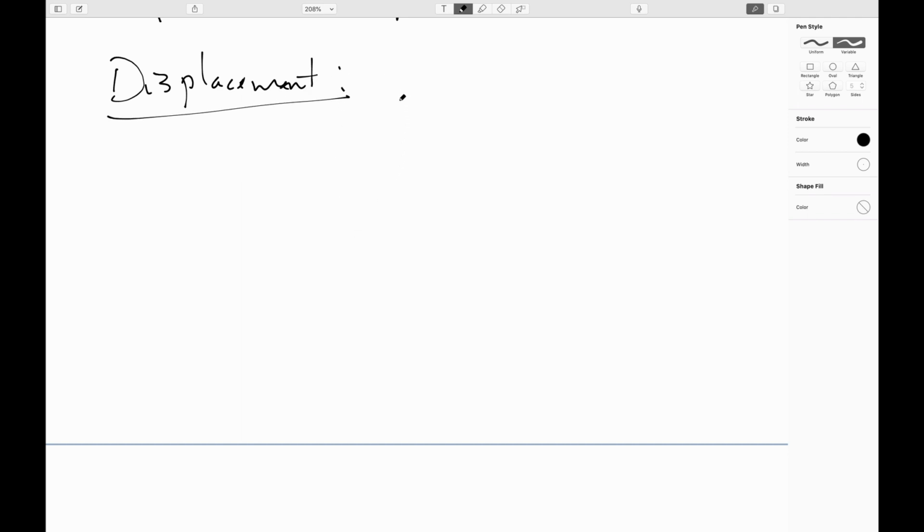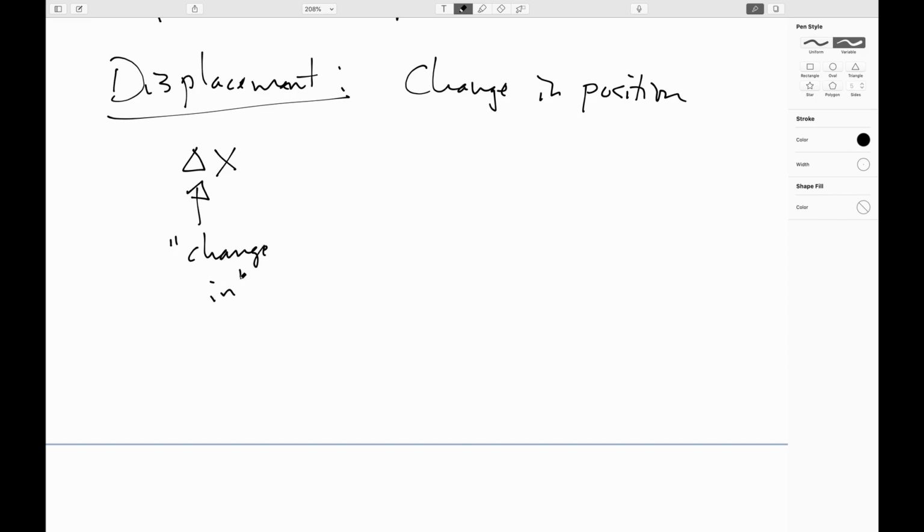So this is the change in position after some motion. The symbol for displacement is delta x. Whenever you see a capital Greek delta like that, that's always read as change in. Change in what? x means position. And whenever you have a change of something, it's always the final minus the initial.